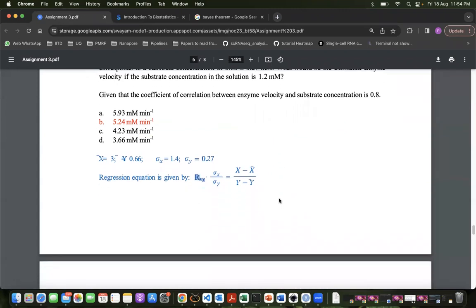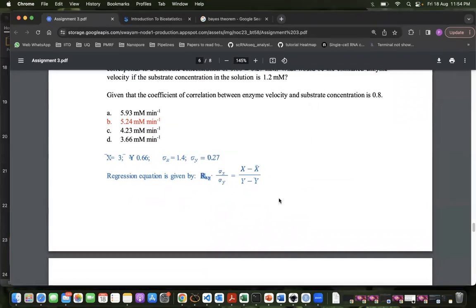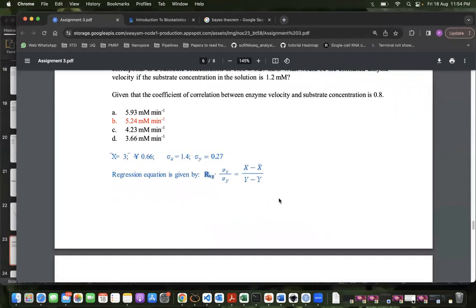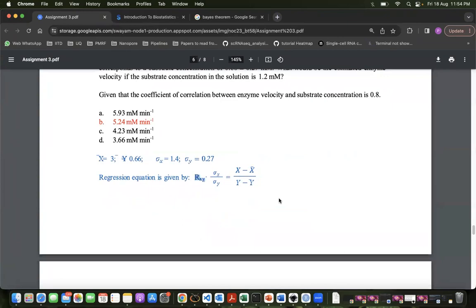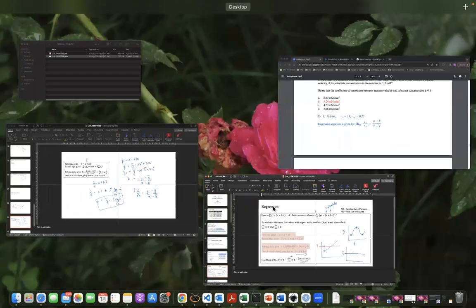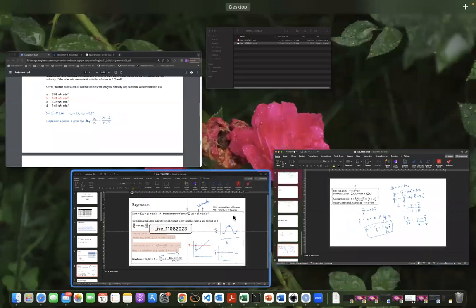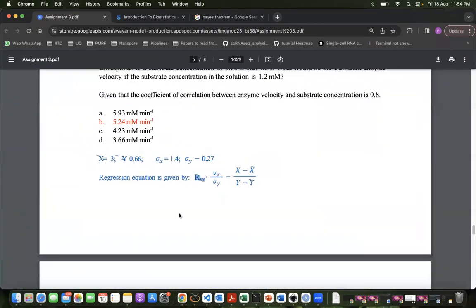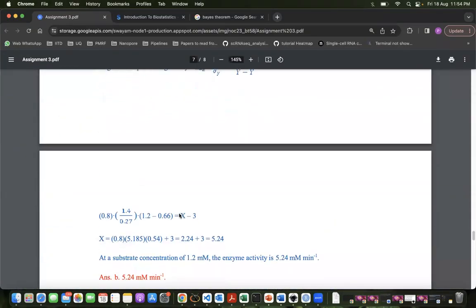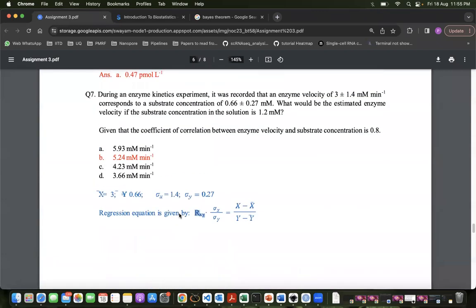Now, regression line: this is x on y, and there is another one, y on x. This is y on x. I don't know why, but this looks correct. Okay, wait. Let me check this question then.